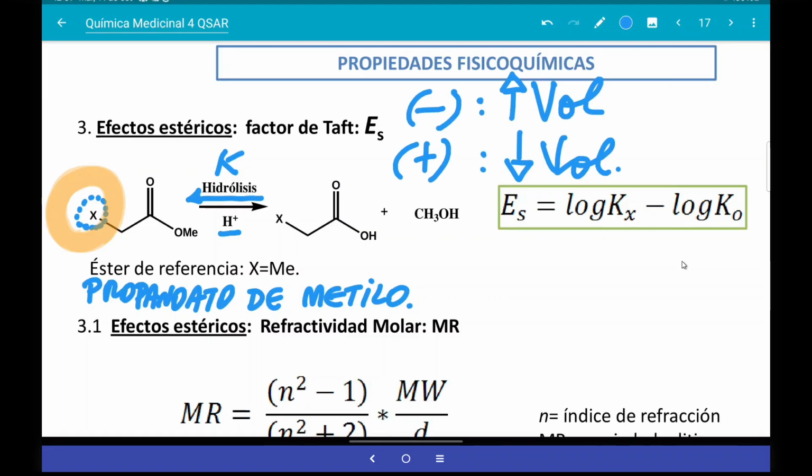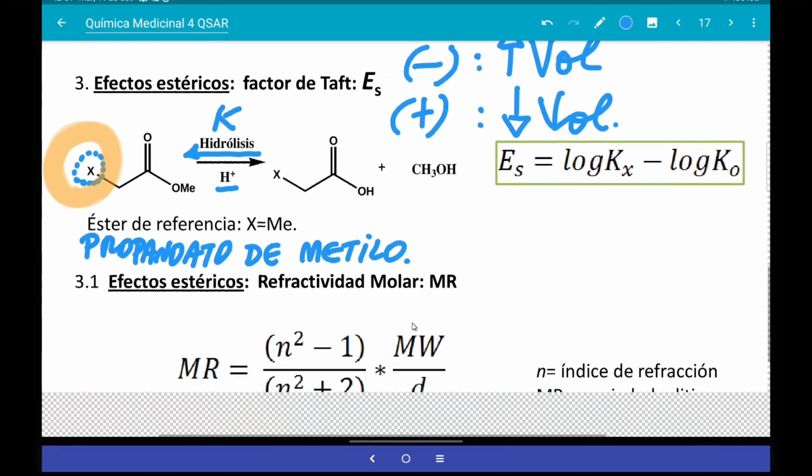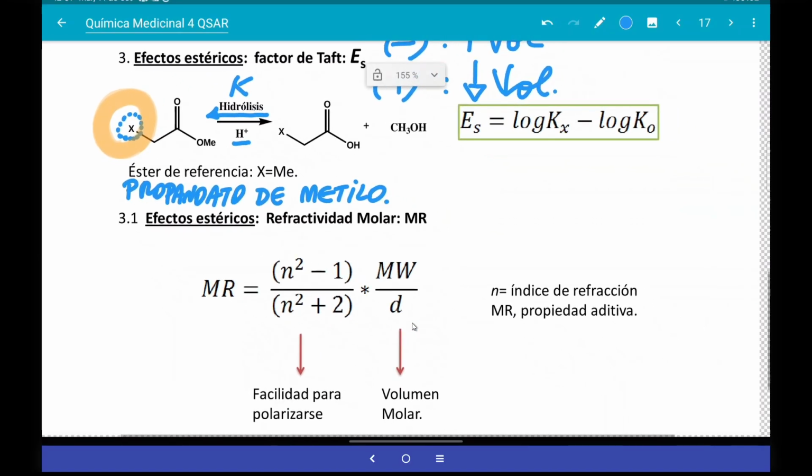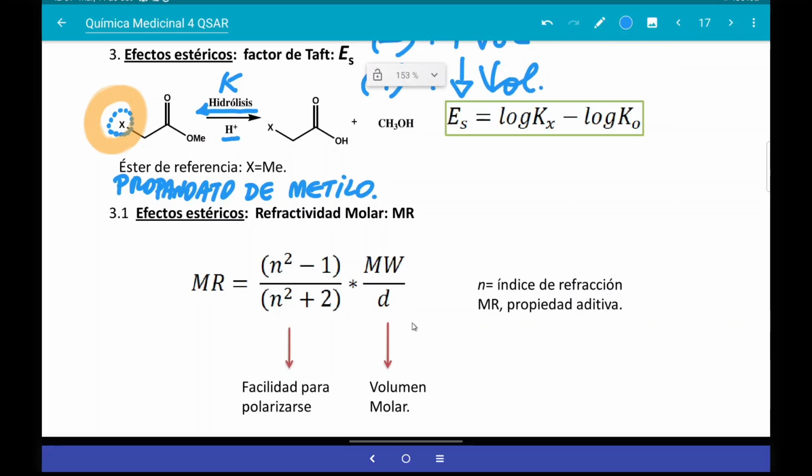This is already laborious because we would have to measure many different groups connected there, and there are tables with the steric value of Taft. But the other way, a little more modern today, to measure the steric factor is through the use of molar refractivity. Molar refractivity is the molar volume, the molecular weight divided by the density, multiplied by a term involving the refractive index in this formula.